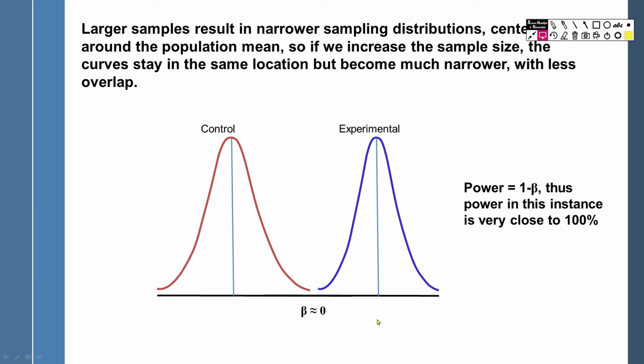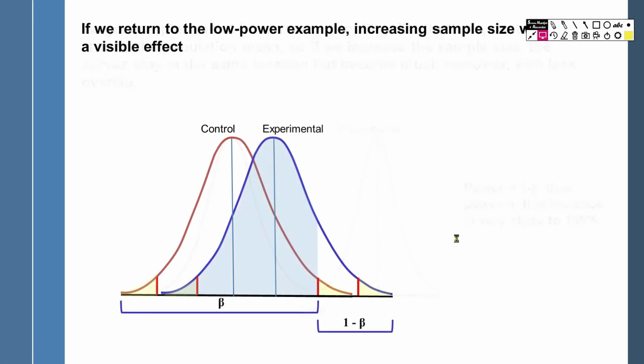I say approximately because theoretically the tails of the distributions never touch down. But according to this diagram, it looks very close to 100% power. Of course, that never really happens in real life. This is just theoretical. But now let's return to the low power example.